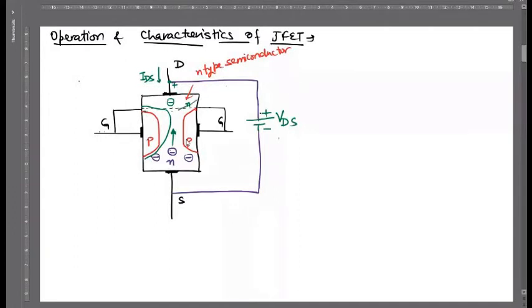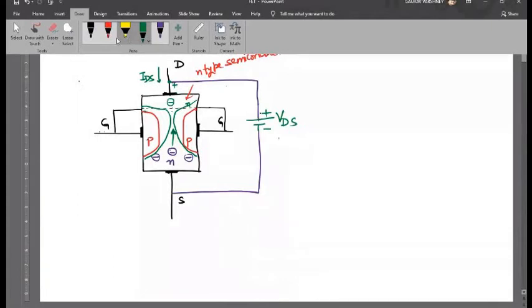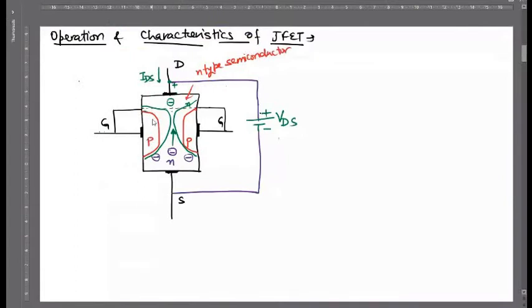Okay, you see, this is very interesting, the shape of this depletion region. Why did I make this depletion region shape like that? This is bigger at the drain side and smaller at the source side. Why is this bigger at the drain side?